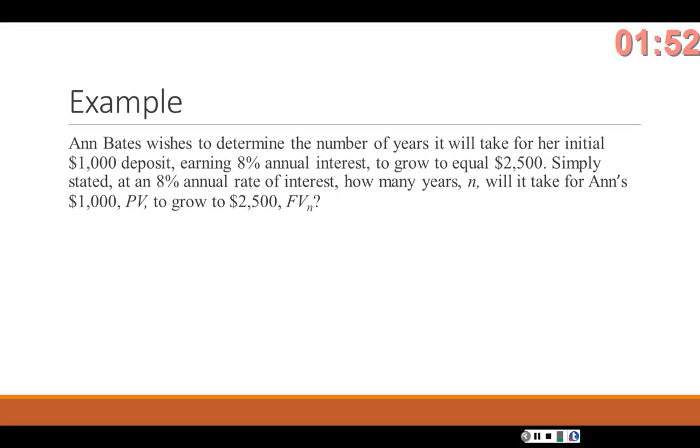She's earning 8%. So we put this on a timeline. She's depositing $1,000, and at some point in the future, she's wanting to withdraw $2,500. So we're wanting to know how many years, and the interest rate is 8%.